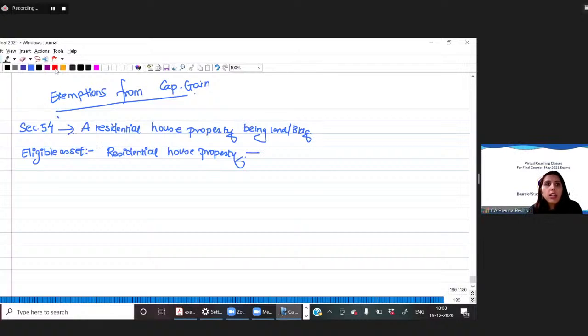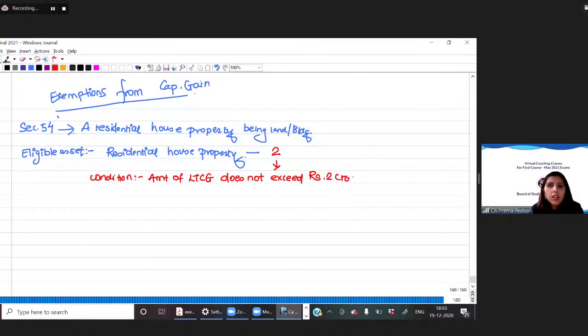It says 2 residential house properties can be acquired, subject to the condition that the amount of long-term capital gain does not exceed rupees 2 crore.